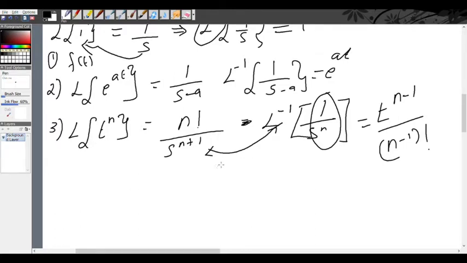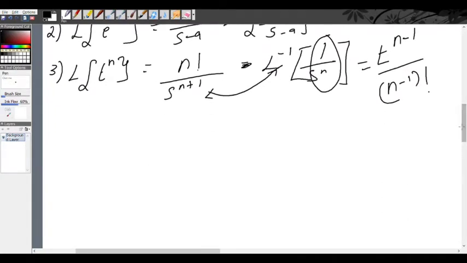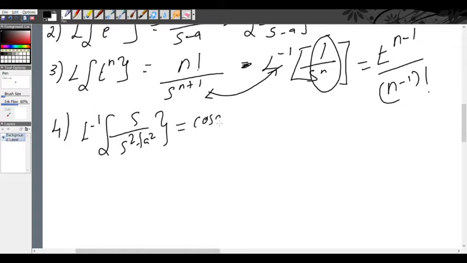Now some more important formulas in the inverse Laplace transform. The fourth: L inverse of s by s square plus a square is nothing but cos at.